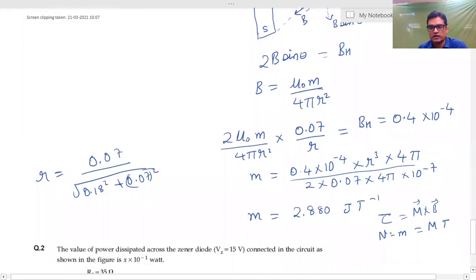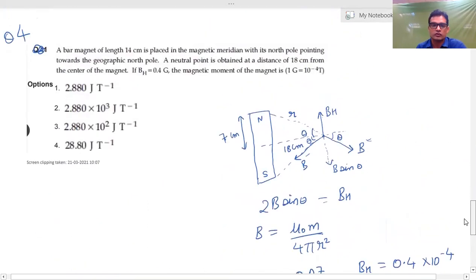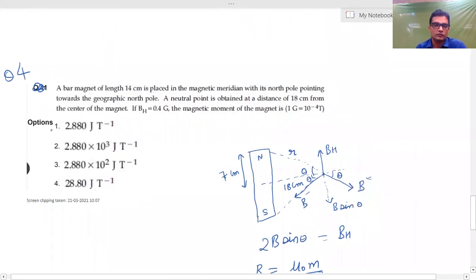Here Newton meter we can write as Joule: Newton into meter, force into displacement, Joule. So Joule upon Tesla is the SI unit for magnetic moment, and this answer will be 2.880 Joule Tesla inverse, and option 1 will be correct.